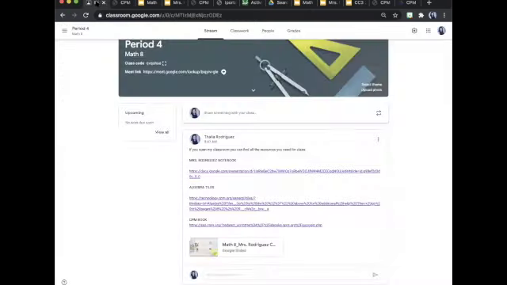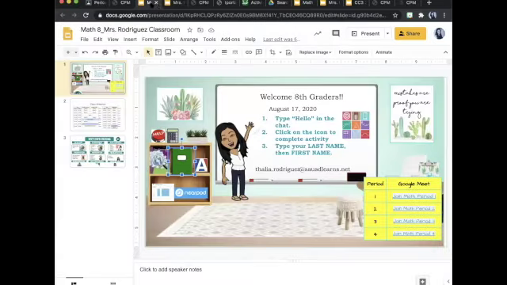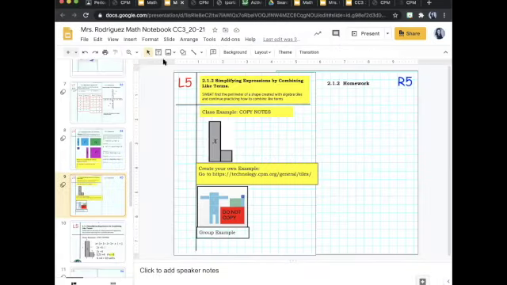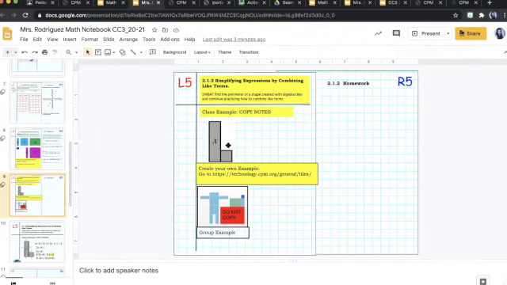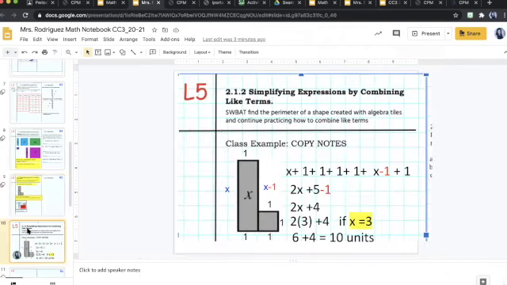And let me go back to the example that we're doing in class. I have like so many tabs open. So let me go back to this example. This is what you would copy into your notebook. These are the notes that we're gonna go over in class, that if obviously you missed or you logged off, this is what you will be doing.